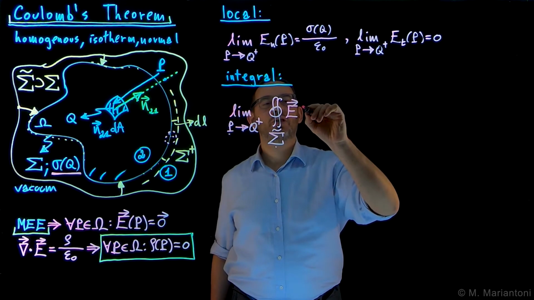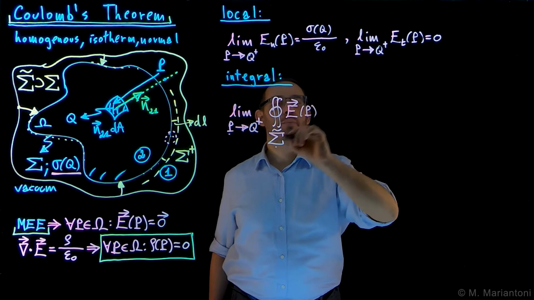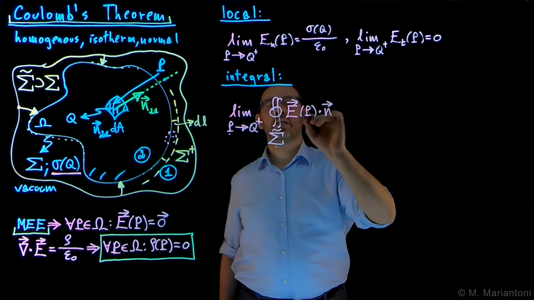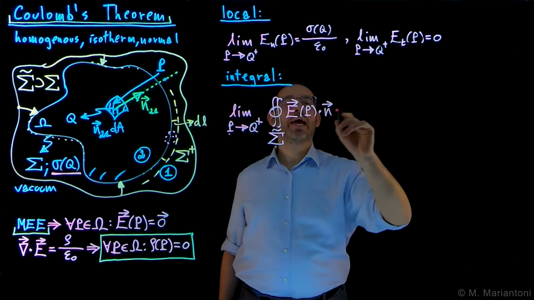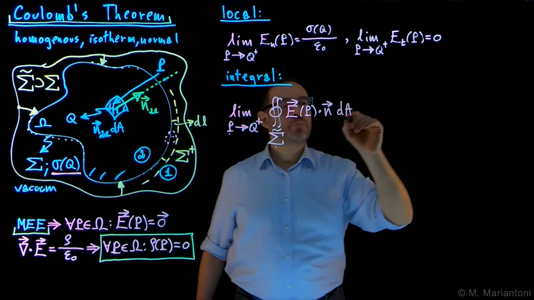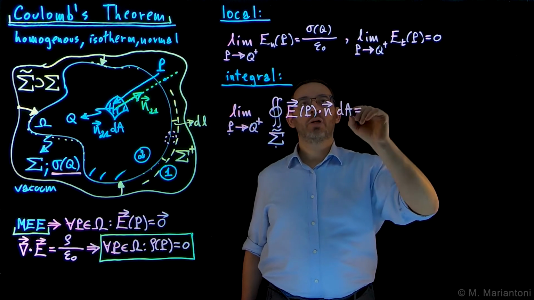Let's rewrite it one more time, for a reason which will become apparent in a minute, as the projection of E along n, n of course is n to 1, let me just call it n for simplicity. This has to be integrated over dA, because it's an area.